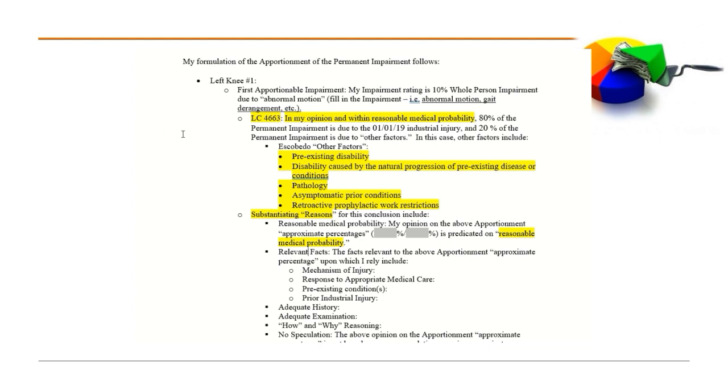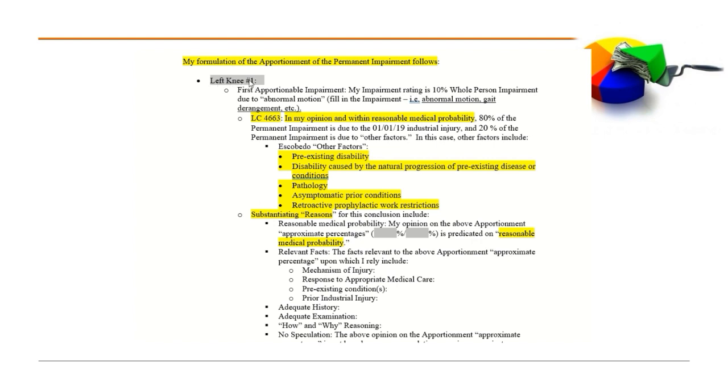Okay, this is the apportionment section of your report, and you simply begin your apportionment argument by telling the parties, my formulation of the permanent impairment follows. And you tell us here below, first with regards to your particular body part, whatever that may be, shoulder, back, knee, psychiatric injury, brain injury, head injury, whatever.